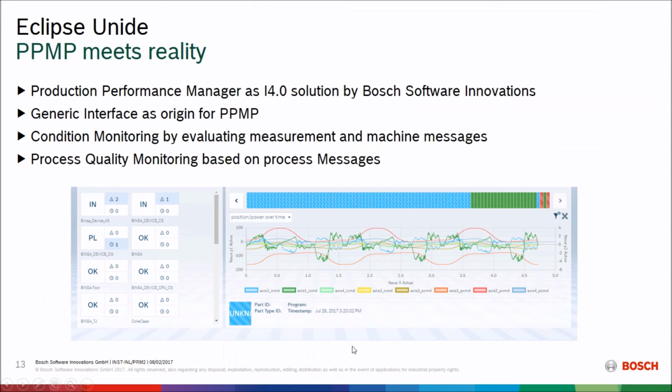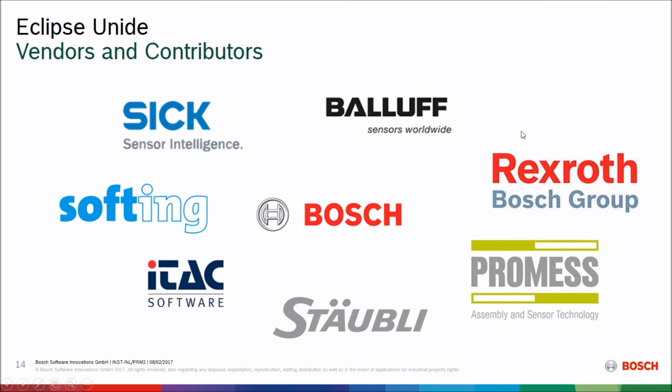And we are not the only ones that use PPMP. You can see here some vendors and contributors to Unide, manufacturers which have PPMP implemented. There are some sensor manufacturers like SIG and Balluff, gateway and MES manufacturers like Softing and ETAC.